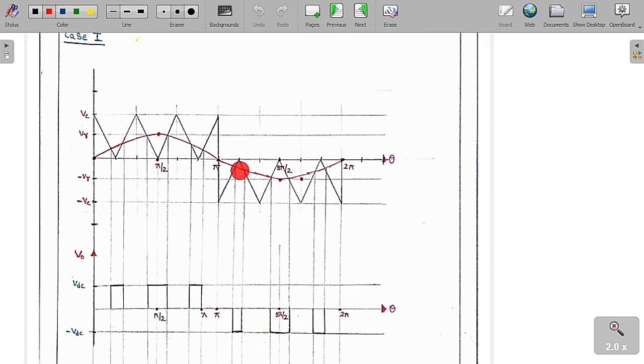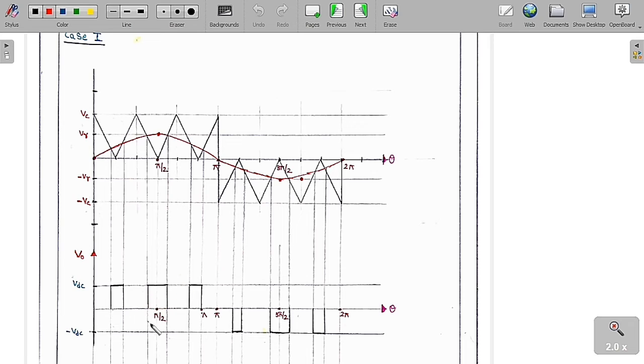Here also, so we generate a negative pulse, minus VDC, because in the negative half cycle the magnitude of the reference is greater than the triangular waveform. Again we generate a pulse of minus VDC, and here also a pulse of minus VDC.